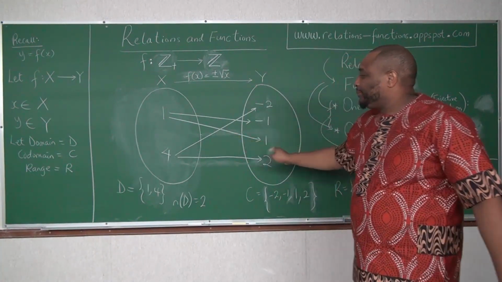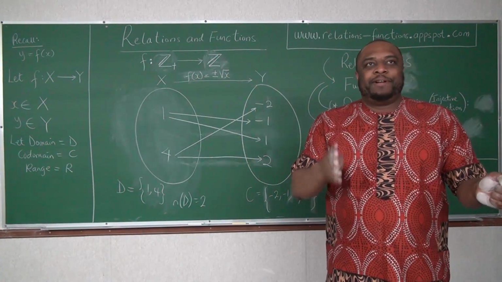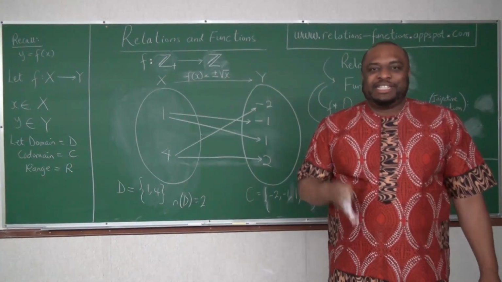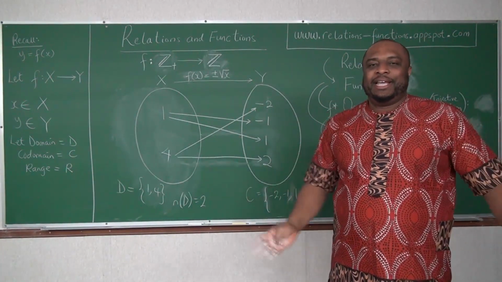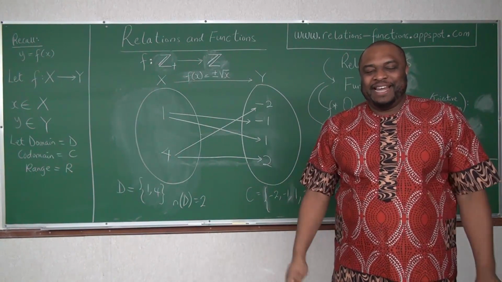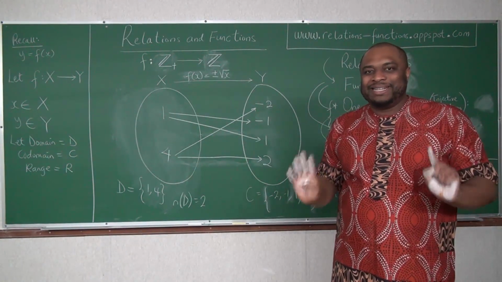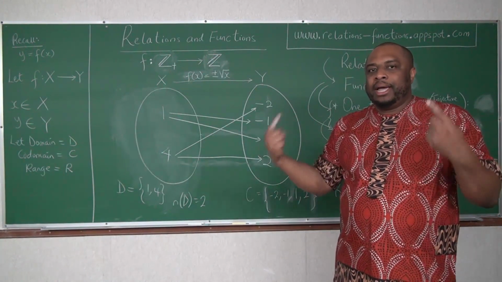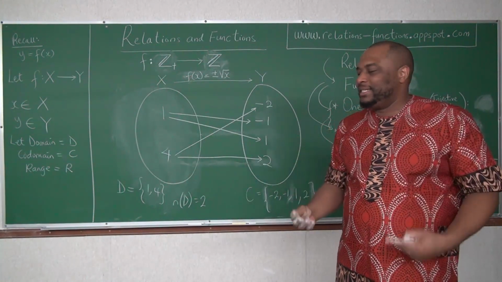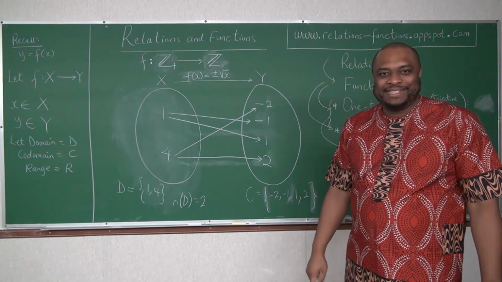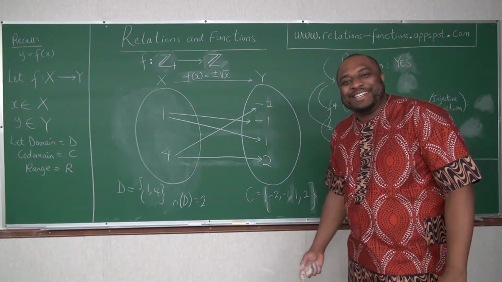Some textbooks say the first coordinate, which is the x, will not repeat. That is the way some textbooks define it. But I want you to understand this concept. I really want you to understand it, so that's why I'm trying to use simple examples. Does that make sense?